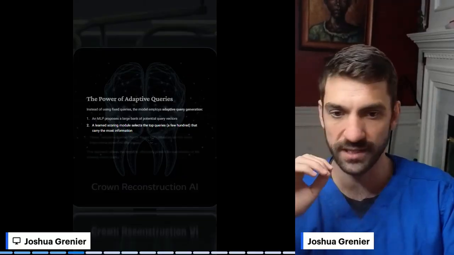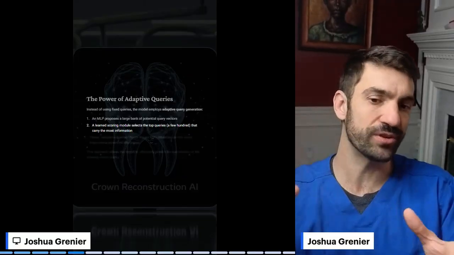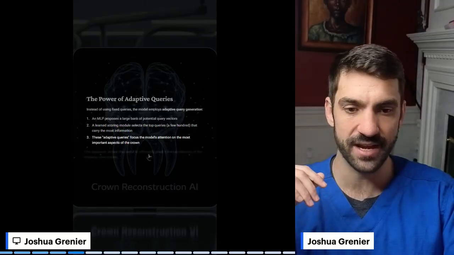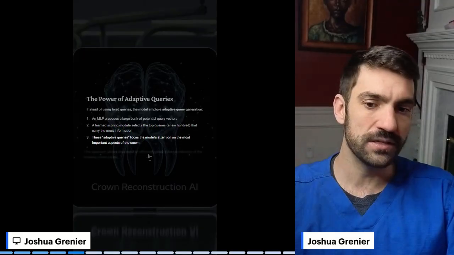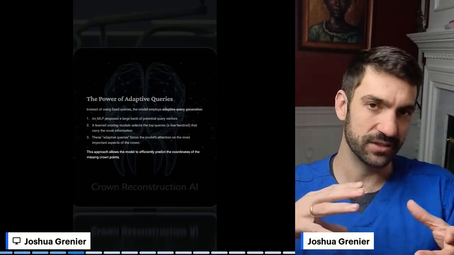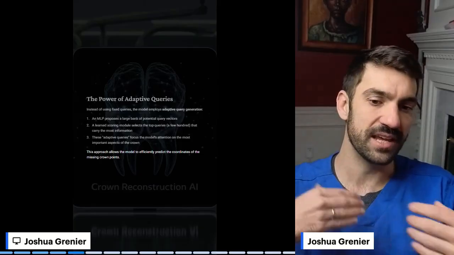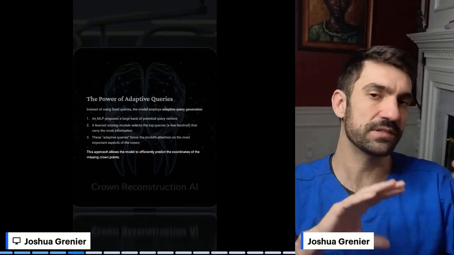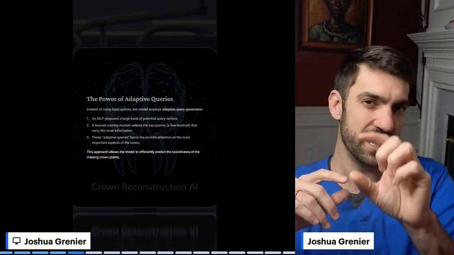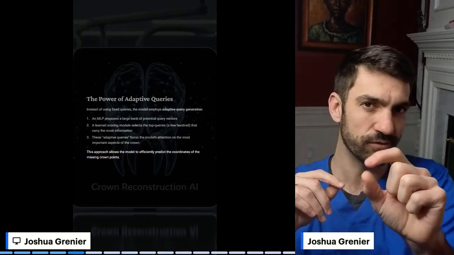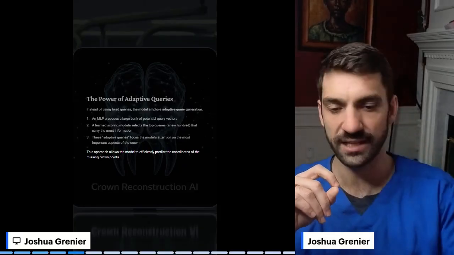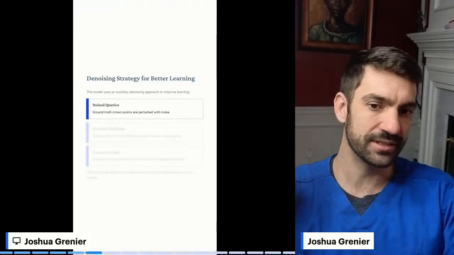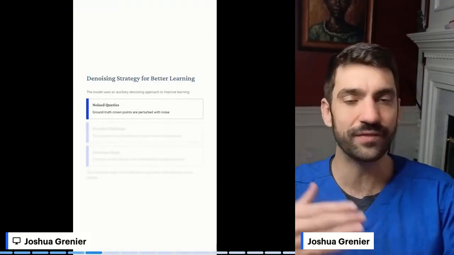And that's all based on previous training data, which is baked into the multi-layer perceptron and other areas. By adapting the queries and continually adapting them, it's able to use previous data, previous experience, to start to predict, hey, what feature are we looking for and where would that feature likely go? There's a lot of other strategies too, where they try to not only have a limited data set.